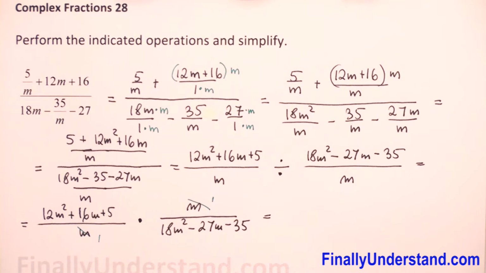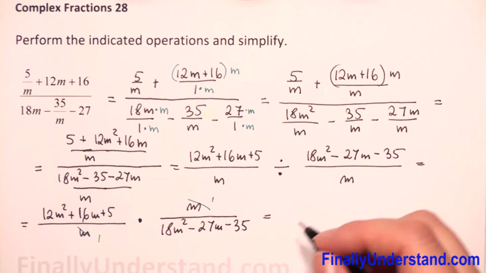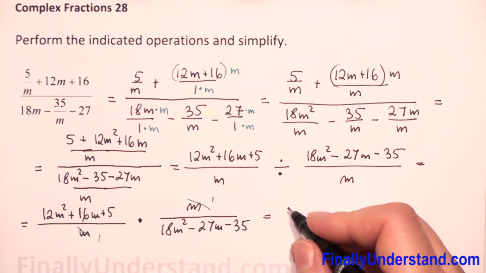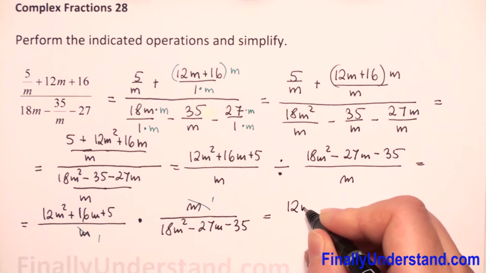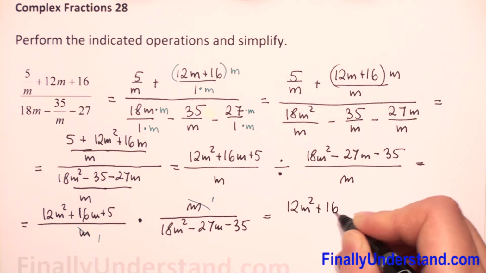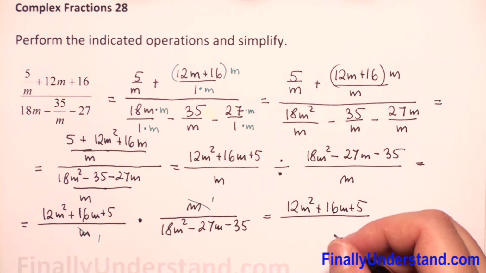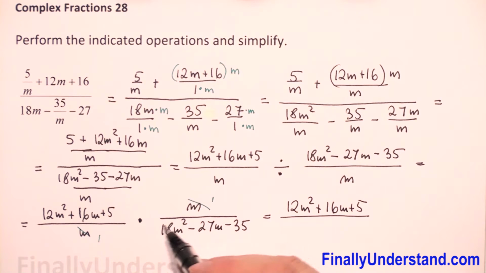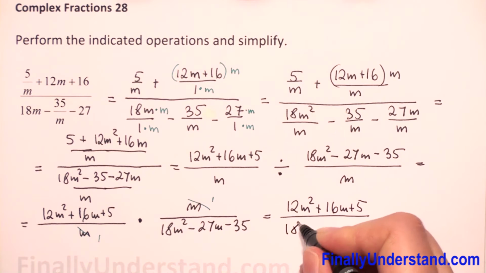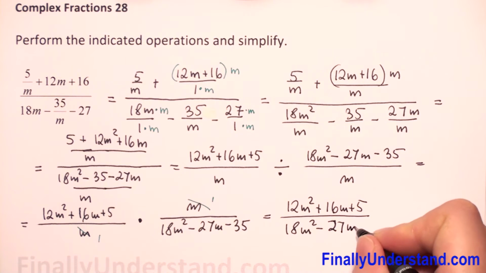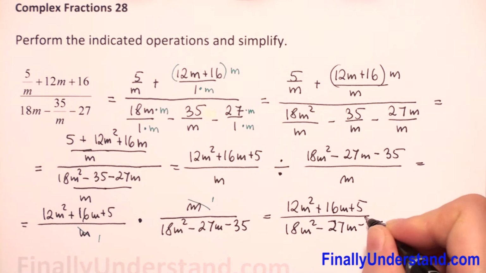So now when we multiply algebraic fractions, we multiply numerator times numerator, denominator times denominator. So when I multiply times 1, it will be still the same expression. So it will be 12m squared plus 16m plus 5 over 1 times this whole expression, so it will be 18m squared minus 27m minus 35.